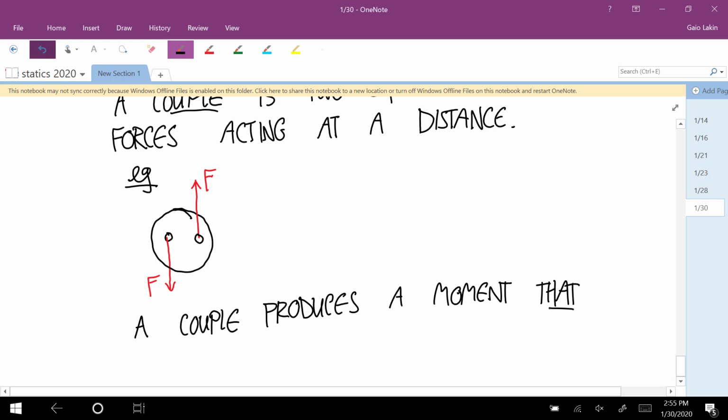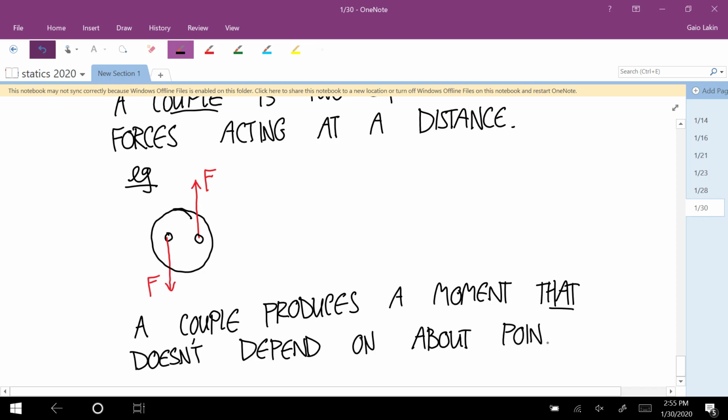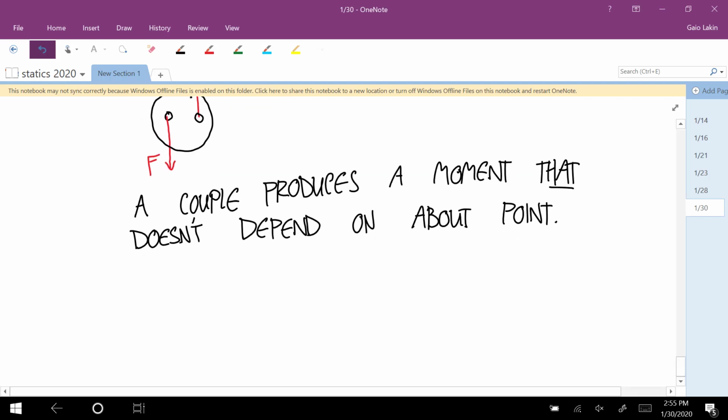It's the same no matter what the about point is. So you can think of a couple as just a pure moment. No matter what your about point is, you can just add this pure moment onto the rest of your moments.